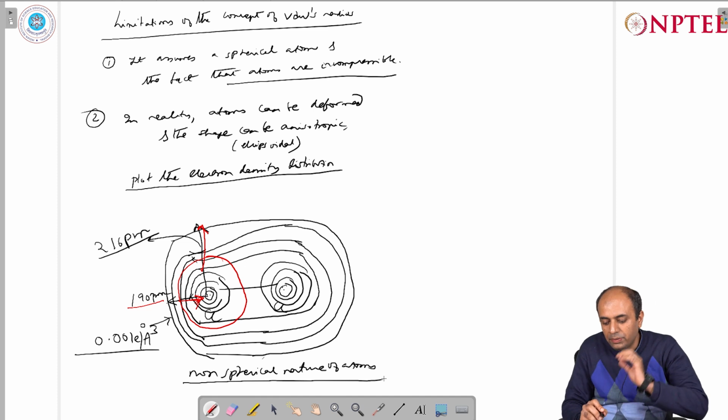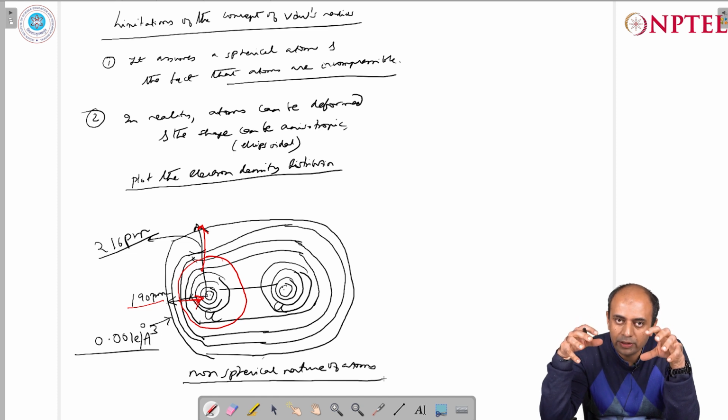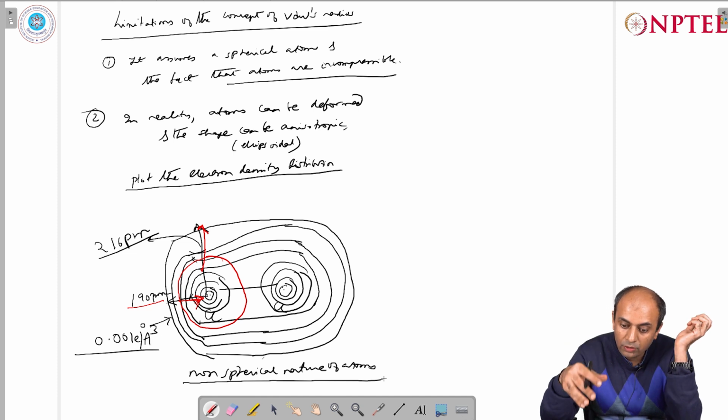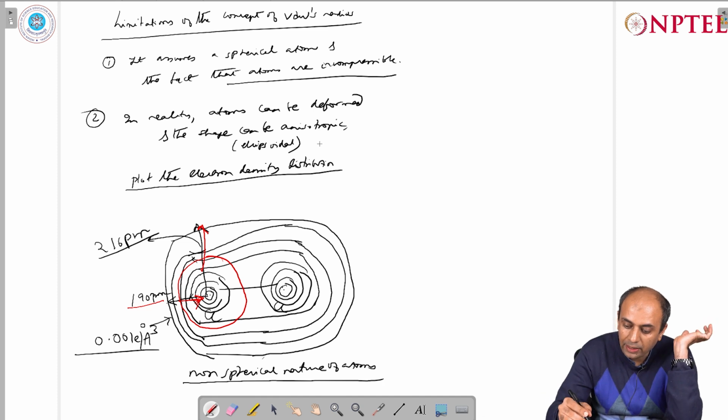This is the take-home message for this particular lecture, that we have learnt about van der Waals radii of atoms. We have learnt about the factors which affect the magnitude of the van der Waals radius. We also have now seen that there are limitations to the concept of van der Waals radii. In reality, atoms can be compressed, they can be deformed, and the shape can be anisotropic.